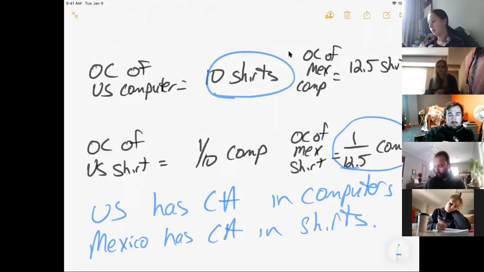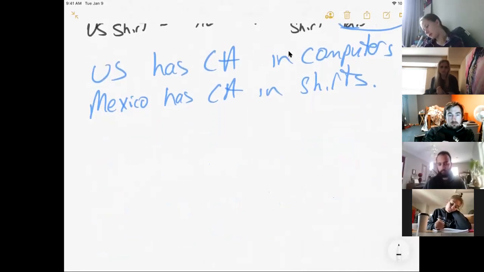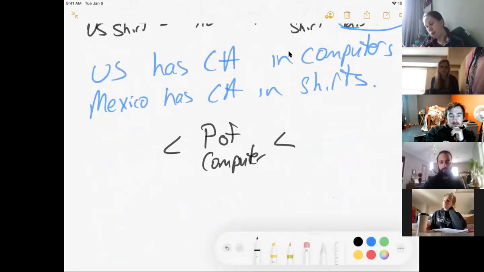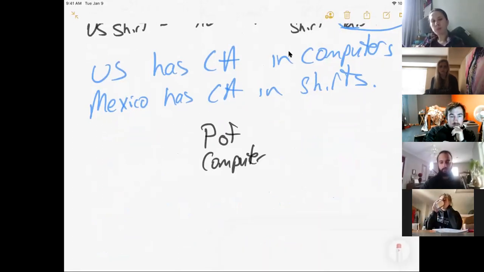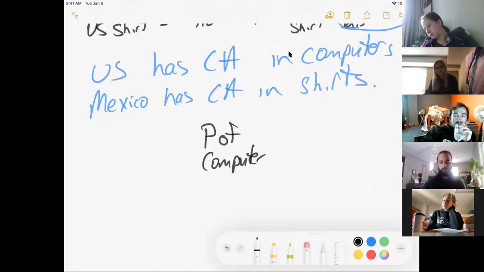To think about how they both gain from trade, what has to be true? Let's say that they sell computers. What's got to be true about the price of a computer for both of these countries to gain from trade?